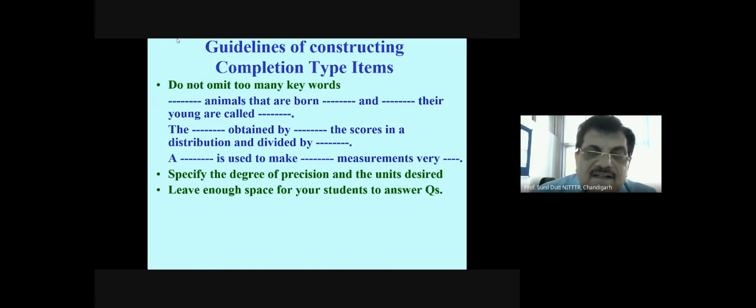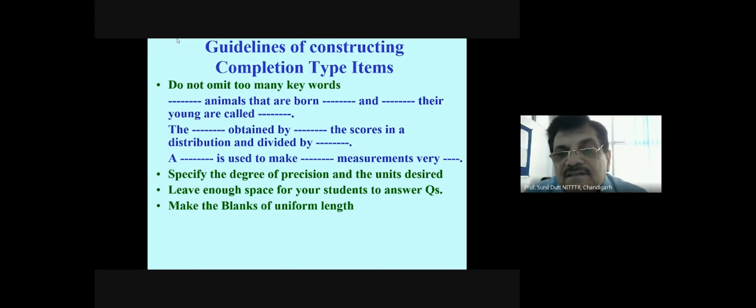This is the guideline. And if you want the student to write the answer on the question paper itself, that is, you are collecting the question paper back, the length of the blank should be of such size that the student is able to write the answer conveniently. So leave enough space.